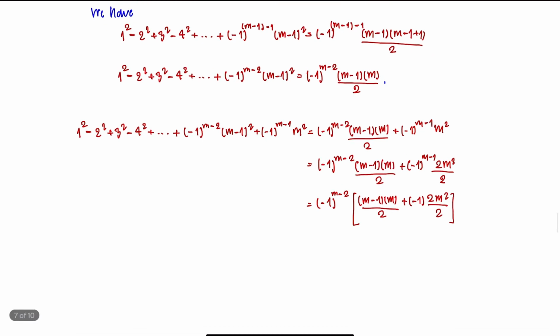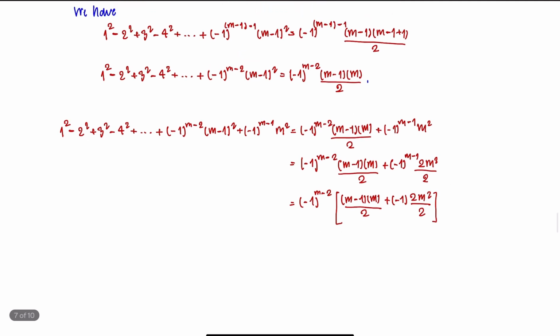Then factorize this M. So we're going to have minus 1 raised to the M minus 2, times M, times M minus 1 over 2 plus minus 1 times 2M over 2, like this. Great. Then what do we have next?